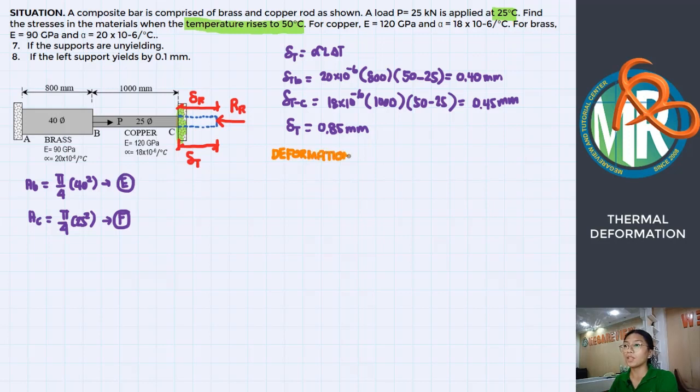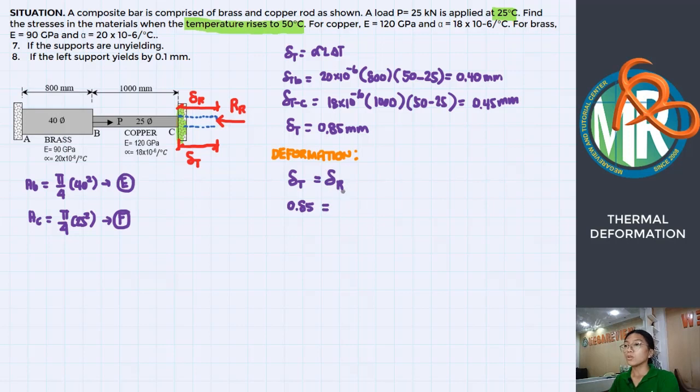na to. Paano ba? Tingnan muna natin dito sa deformation. Sabi natin, di ba, na due to temperature change, we have a total deformation that is delta T. And this delta T will be resisted by the axial deformation delta R. Itong delta T na to, nakuha na natin yan as 0.85 millimeters.